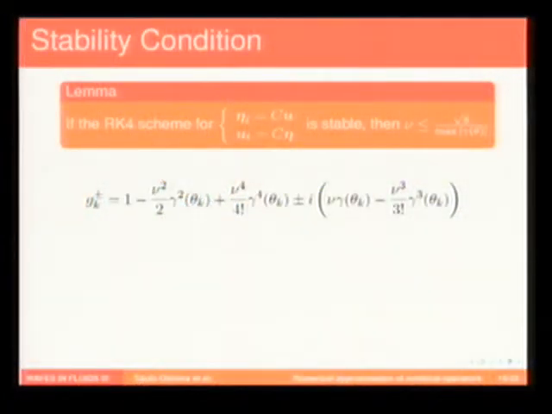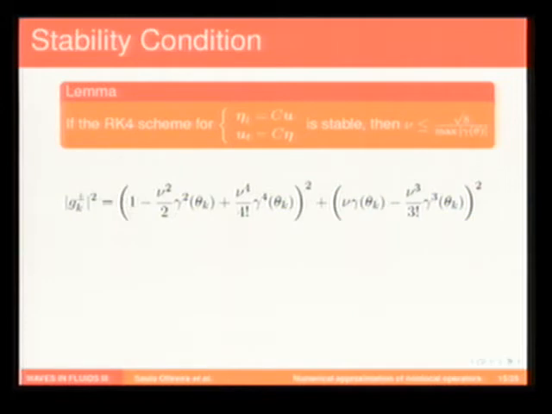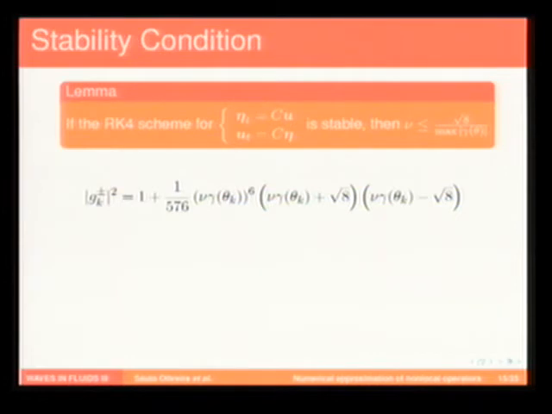So what we want to do is to take the absolute value of this quantity here. So this is a complex number, a complex function, let's say. Taking the absolute value, we have real part, imaginary part. We can split this in the definition of absolute value, taking this square, and then do a little exercise of algebra, and we arrive at a nice 8th degree polynomial, with 1 plus this polynomial here that has a zero of multiplicity 6, plus this, plus or minus root of 8.